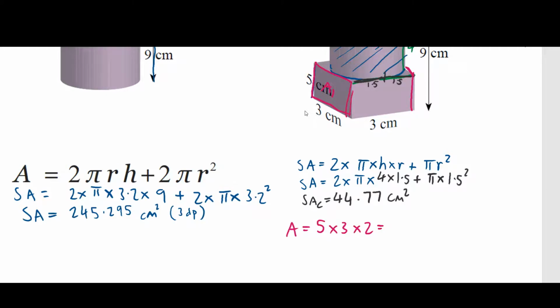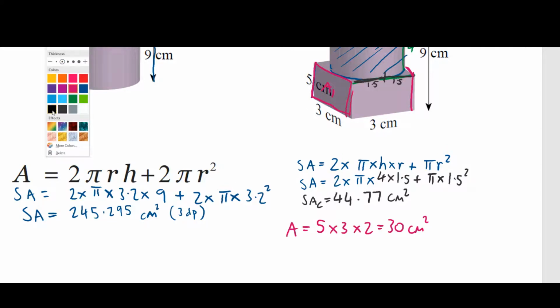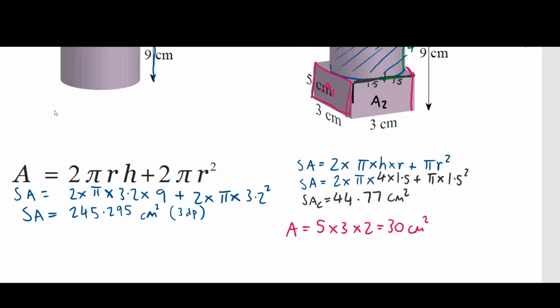So 5 3s are 15, times 2 is 30. 30 square centimeters. Next, we've got area 2. This bit here. Okay, and this bit here is 3 by 5. 3 by 5 as well.